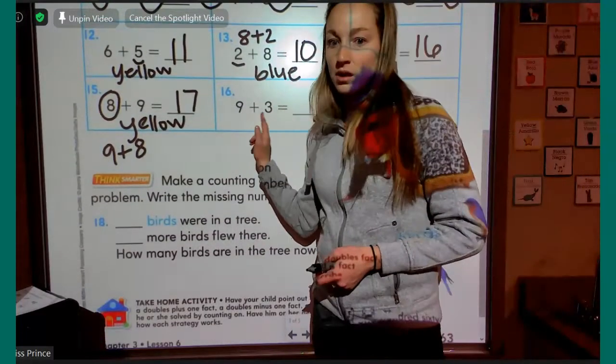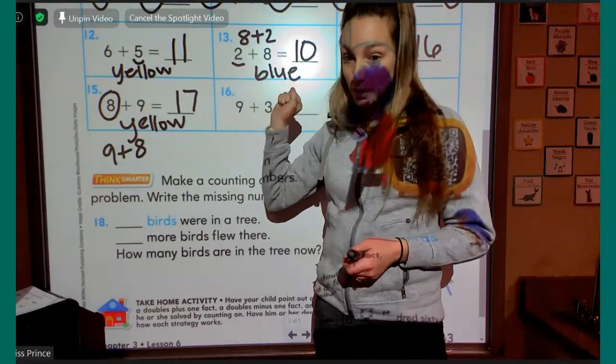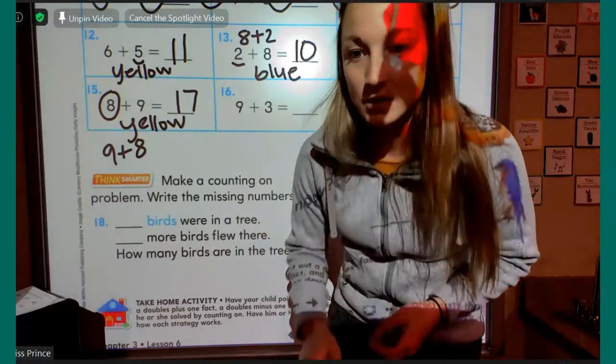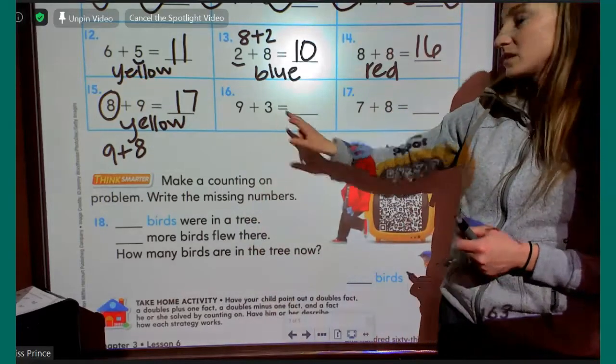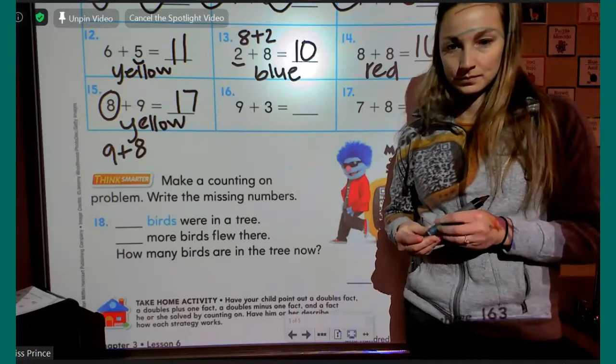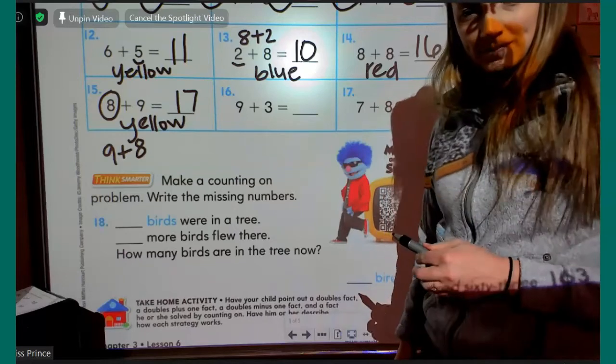Ooh, these numbers aren't close together, so I need to scoop up one of them and count on. So, Jose, 9 plus 3.